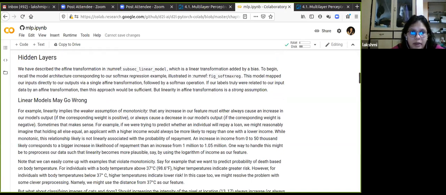This model mapped our inputs directly to our outputs via a single affine transformation followed by a softmax operation. If our labels truly were related to our input data by an affine transformation, then this approach would be sufficient. But linearity in affine transformation is a strong assumption.